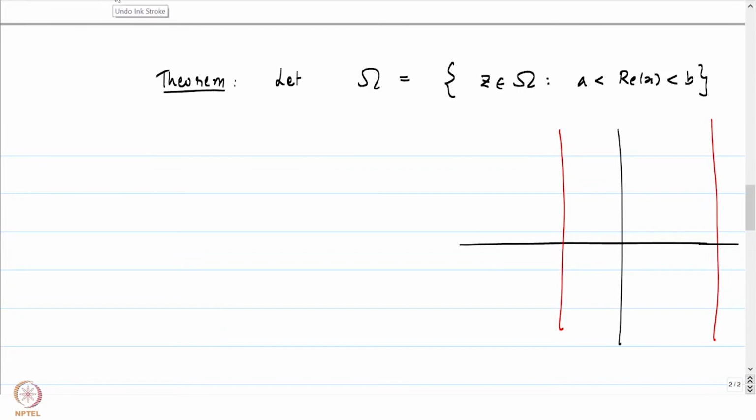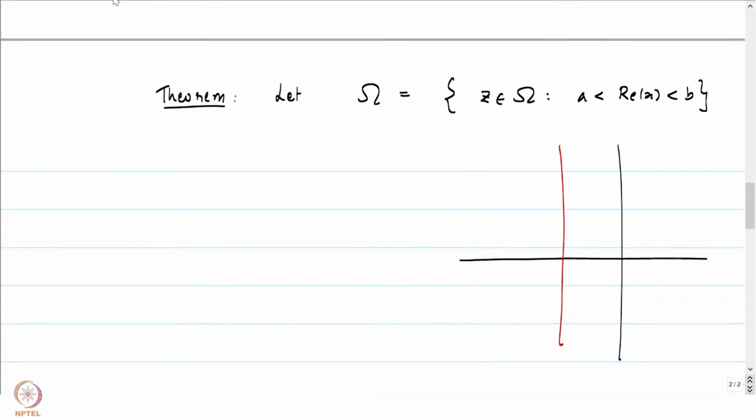Let's not give the idea that it has to be on both sides of the y-axis. So let me just draw the a's and b's like this. It could be negative as well. So let a be here and b be here, and we are considering this particular strip.